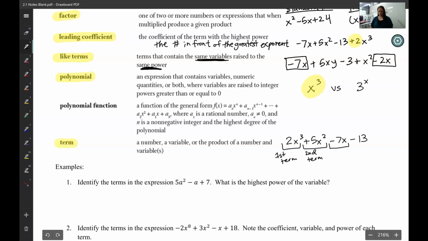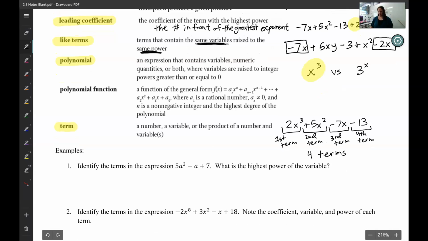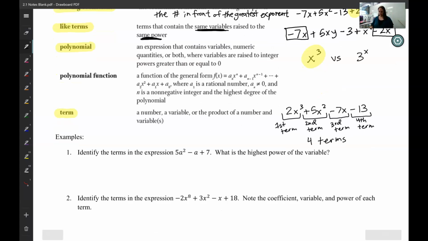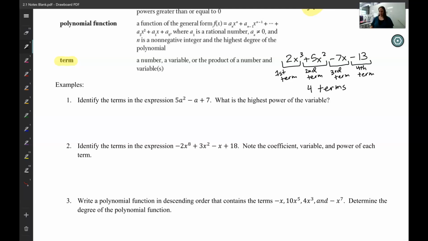Separated by subtraction, that would be the third term. And separated by subtraction, that would be the fourth term. So we would say this polynomial has 4 terms. So, understanding all that vocabulary, pause the video and try to work through 1 through 3 on your own. Once you finish that, you can play and check your answers.